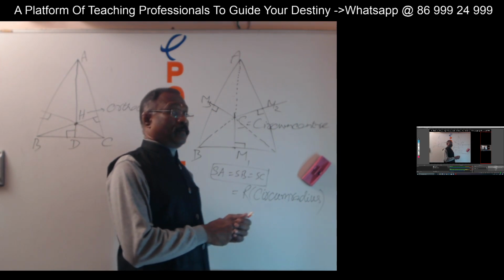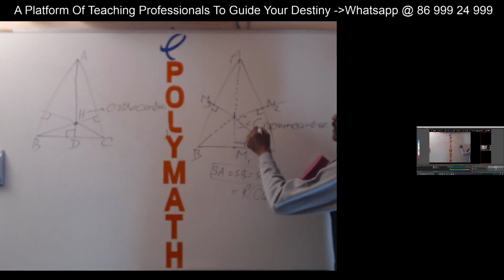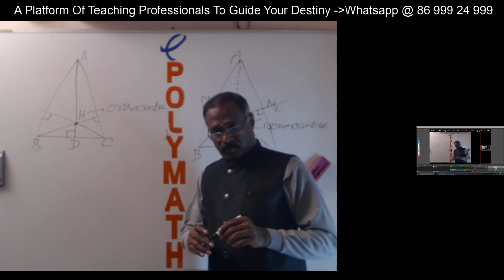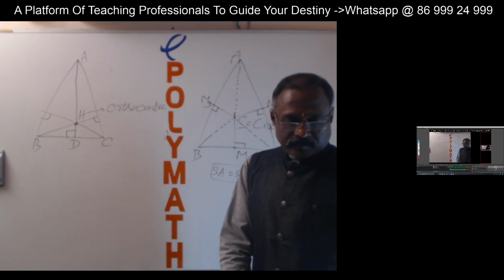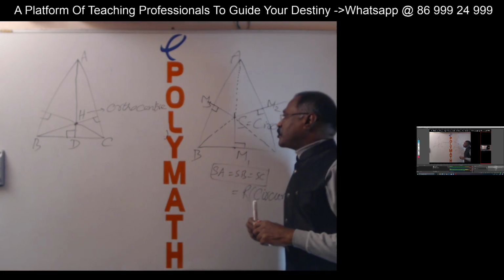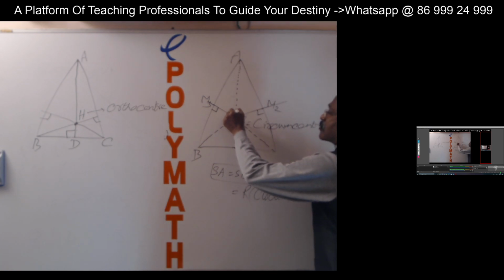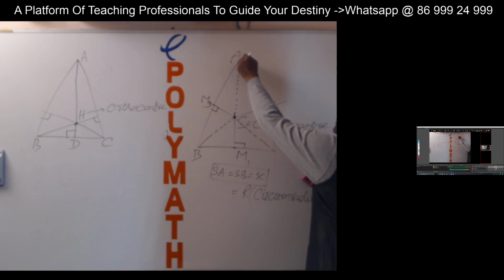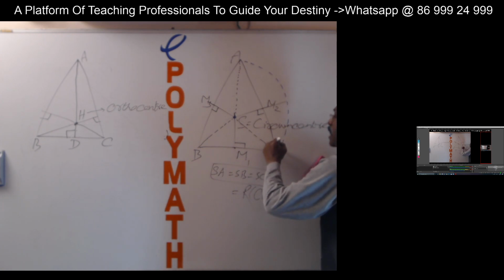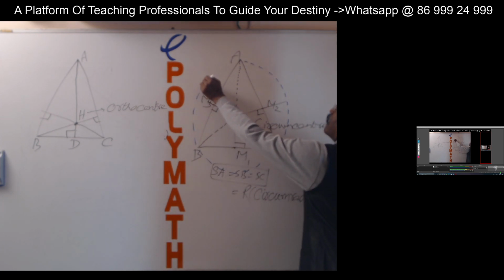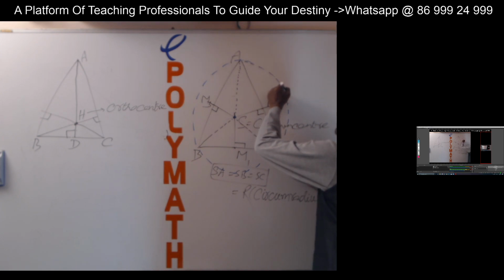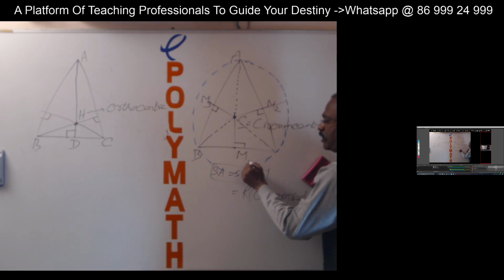Why circumradius, you know? By taking this as the center, and this as the radius, if you draw a circle, that circle passes through all the three vertices.